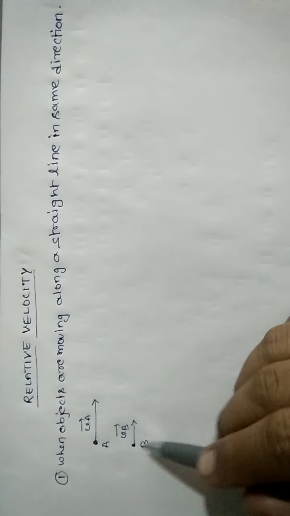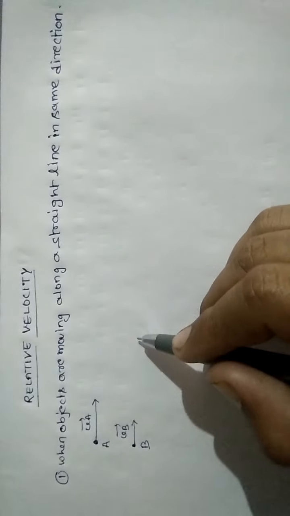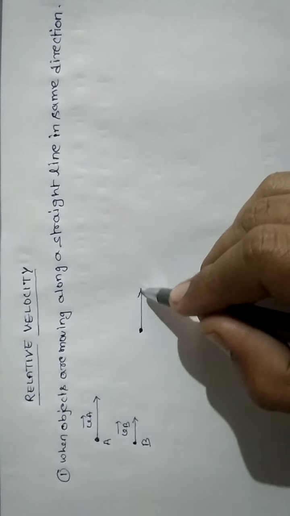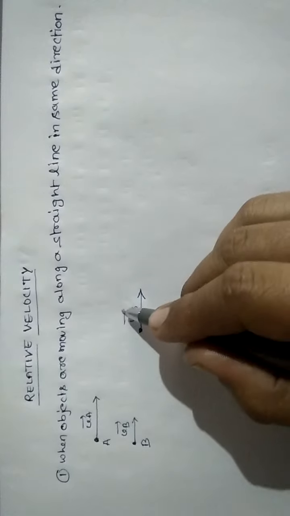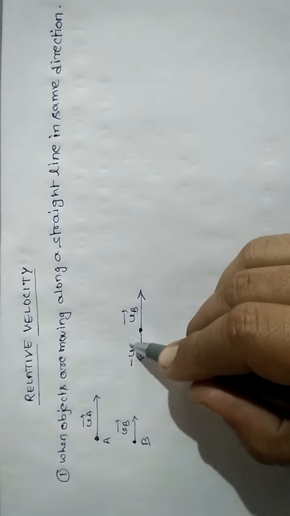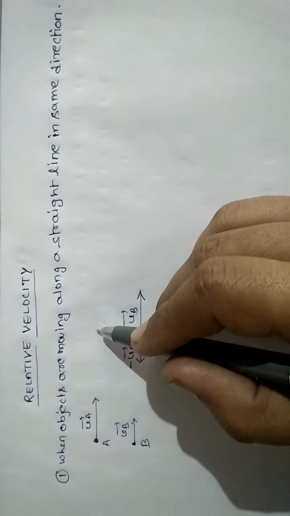To find the relative velocity of object A with respect to object B, we have to bring the object B at rest. For this, we have to superimpose the velocity minus VB to bring B at rest.